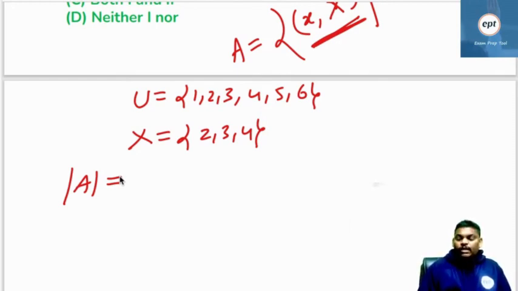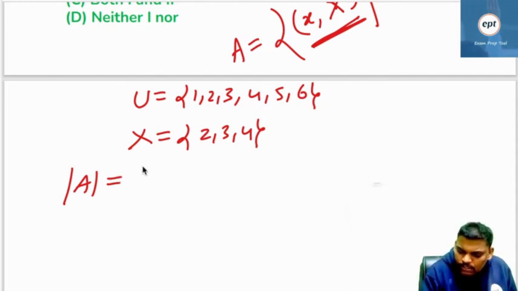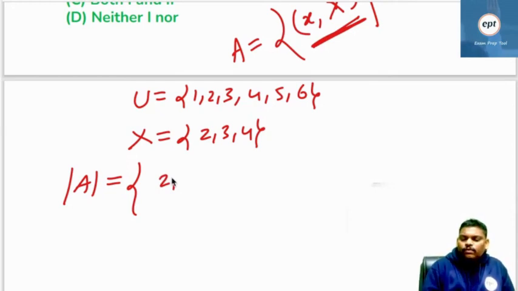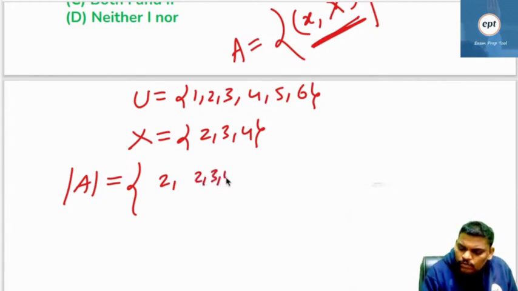First, can you try one example? Afterwards we will see the answer. What is the cardinality of A? This may be one case. First take 2, and 2, 3, 4 is one story.